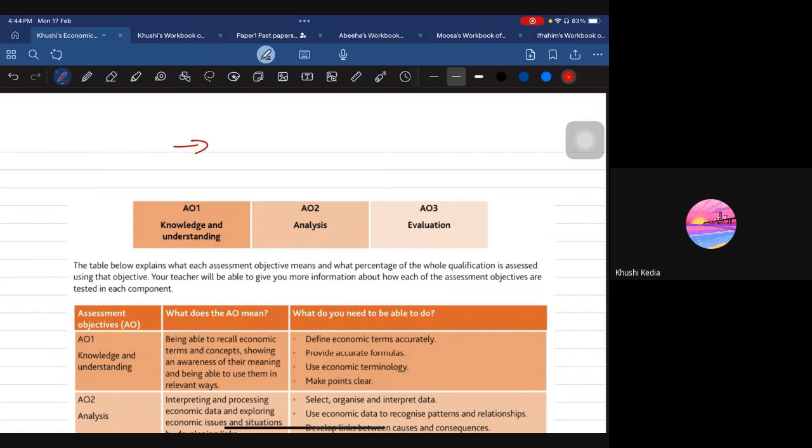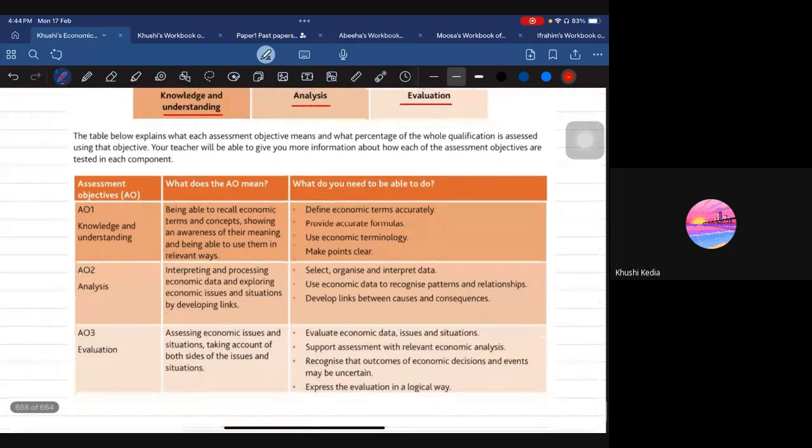First is which skills you require. So three main skills here. Number one, assessment objective one, that is knowledge and understanding. Number two, which is AO2, is the analysis, and AO3 is the evaluation.